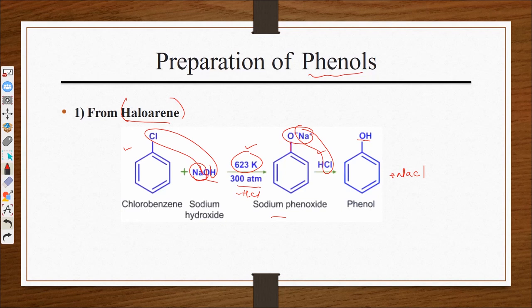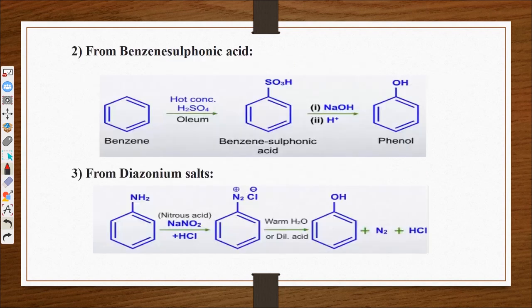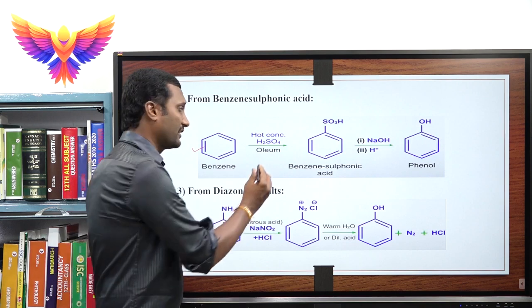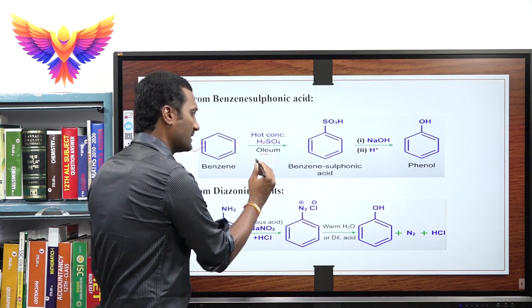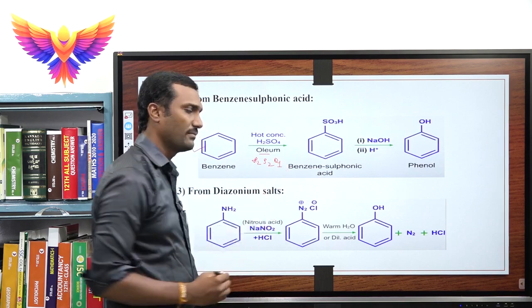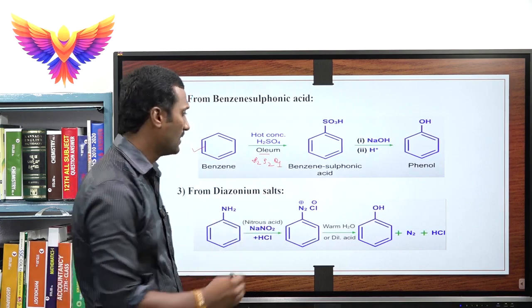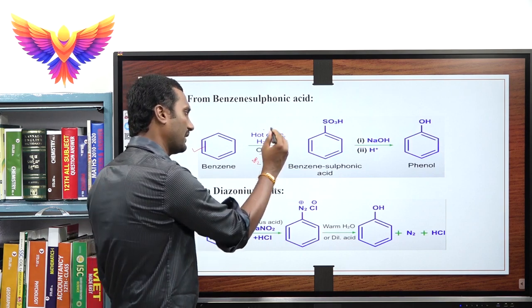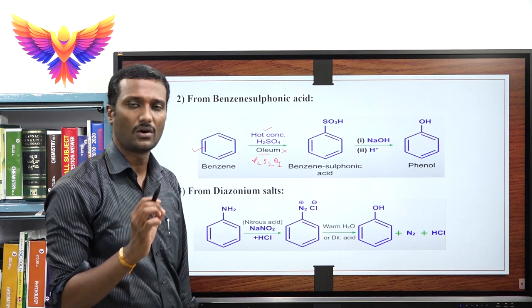Okay, let us go to the next step. This is the second method of preparation of phenol, using benzene. Benzene, C6H6, is reacted with oleum, H2S2O7. Without oleum, we can also use hot conc.